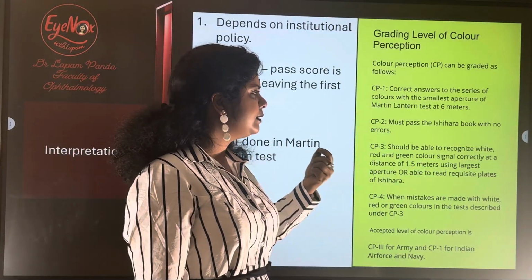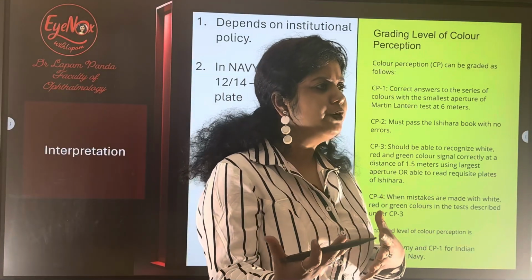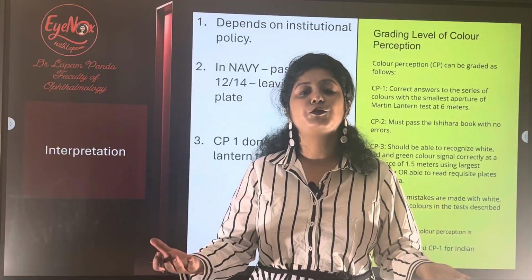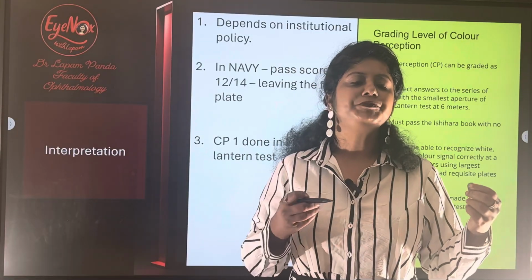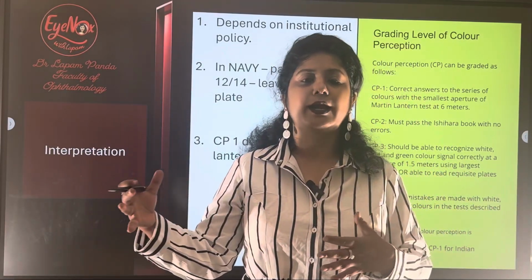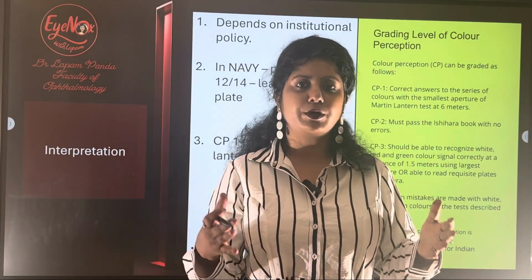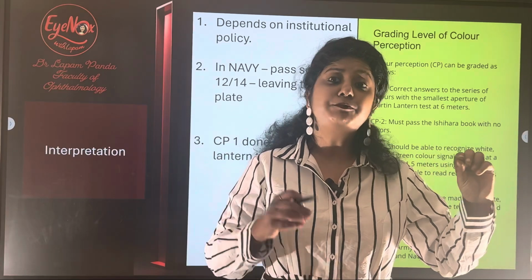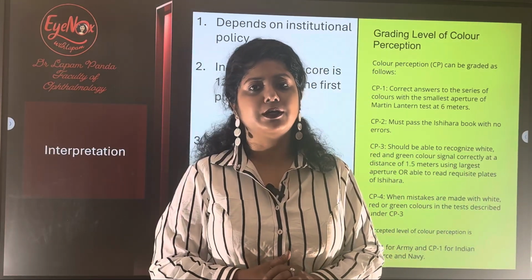Now, what judgment do we make? The judgment that we make depends upon where we are staying, what kind of work we are doing, which means different countries have different guidelines for color blindness. That's point number 1. And the second important point is different professions also have different guidelines for color blindness.